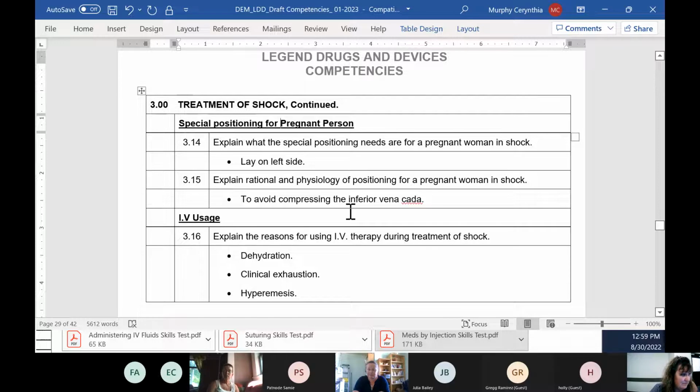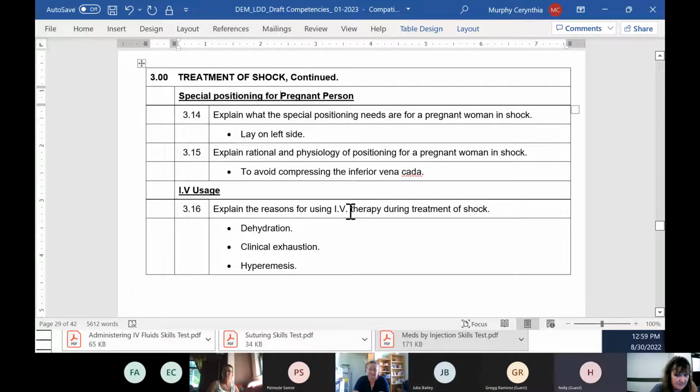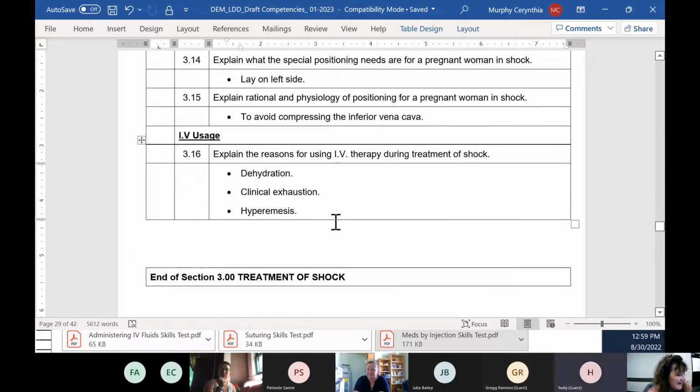So are we good there? I am. It's Vena Cava, like in vodka. Kind of like the F versus the TH up there. It's kind of hard to hear.